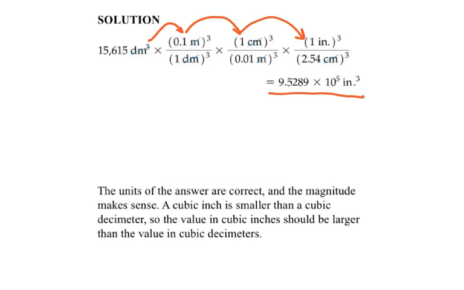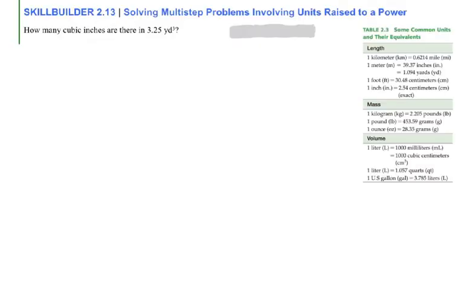Okay? All right, let's take a look at one other problem here. We got a skill builder. So they want to know how many cubic inches, and you're given 3.25 yards. And we want to convert this to, cubic is always to the 3rd power.